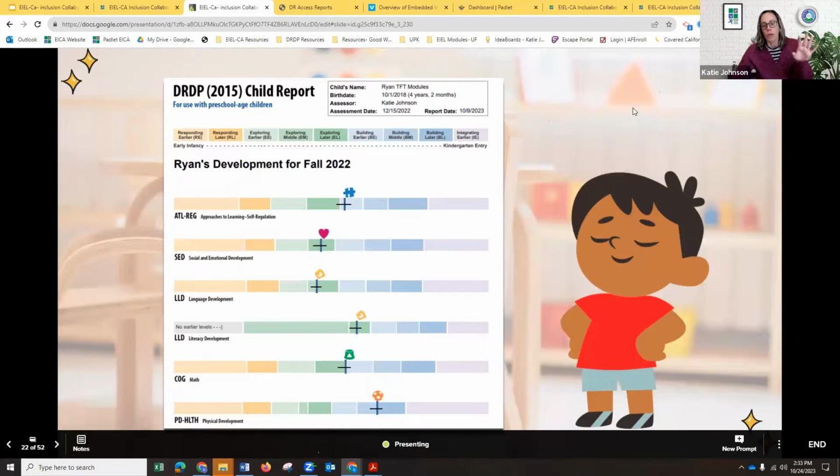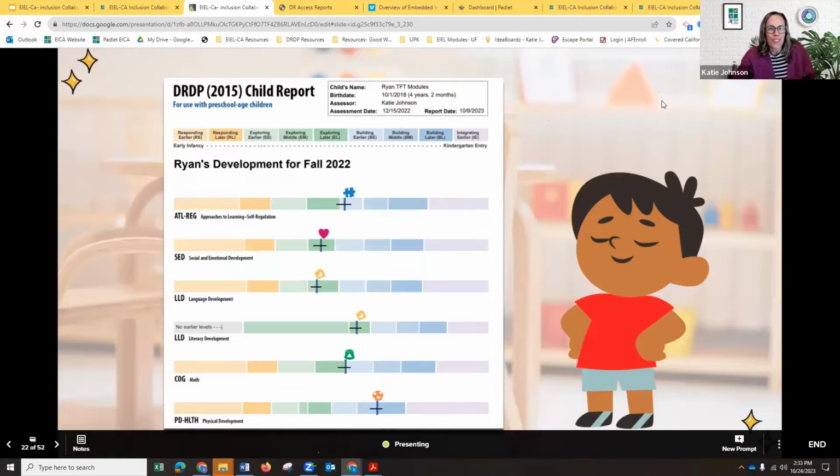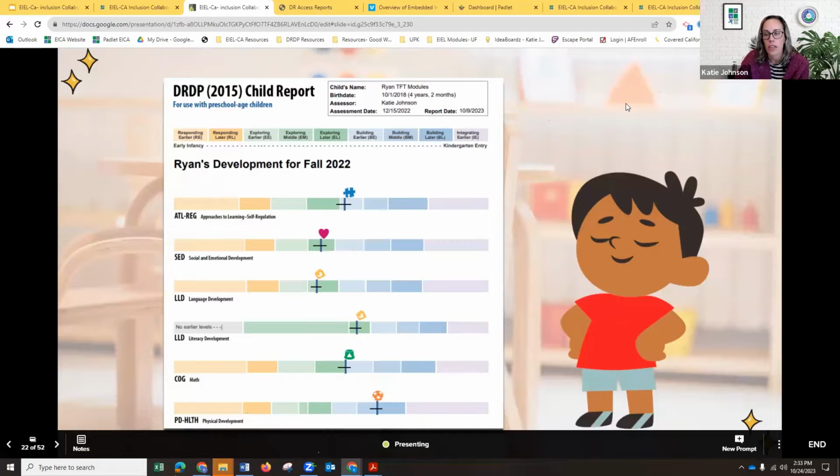Now, we're not looking at this for age equivalencies to see, you know, he is 4 years old functioning at an XYZ age level. That's not what this tool supports us with. But what this tool does show us is in his measures, where might he need some support? So I'm going to ask that to you all.